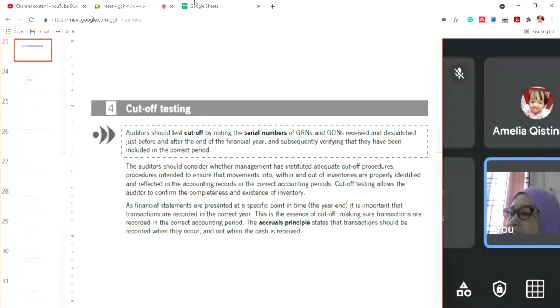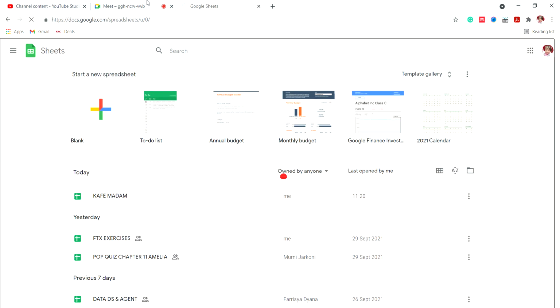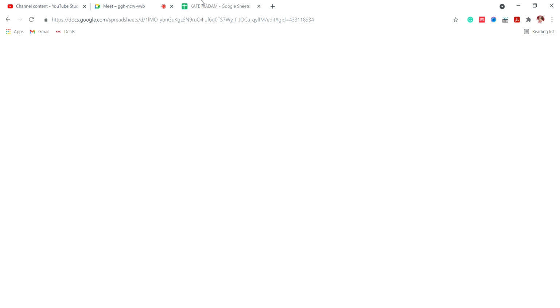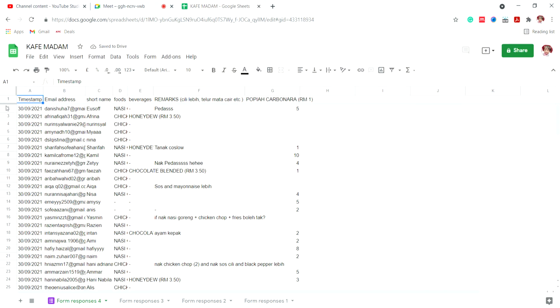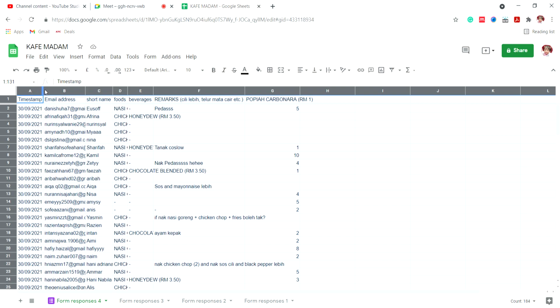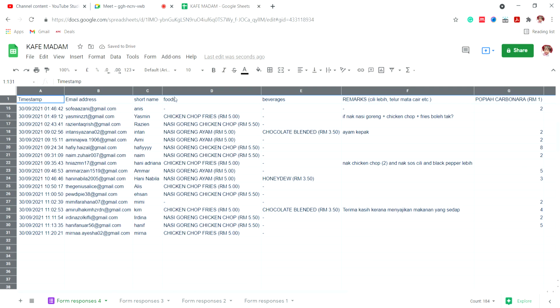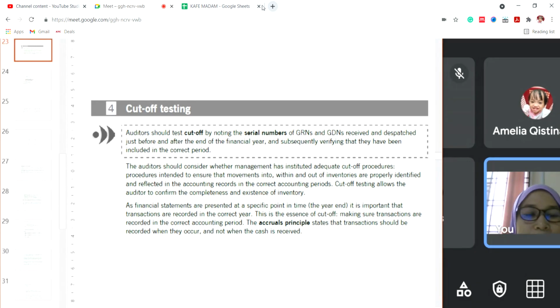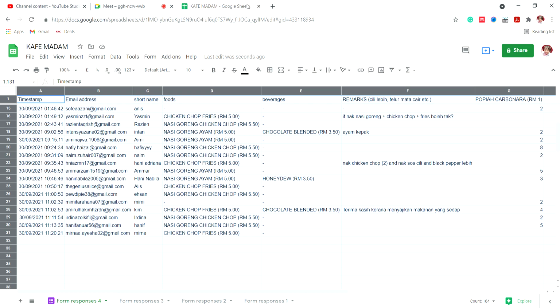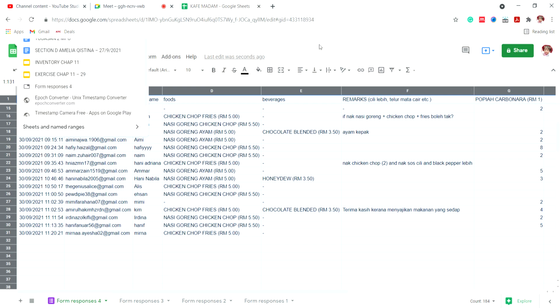Christina? If you are the auditor, why do you perform the cut off test? Why do you need to perform the cut off testing for inventory?